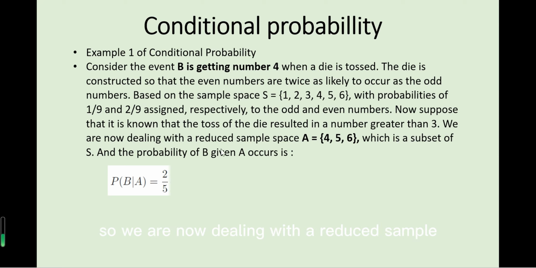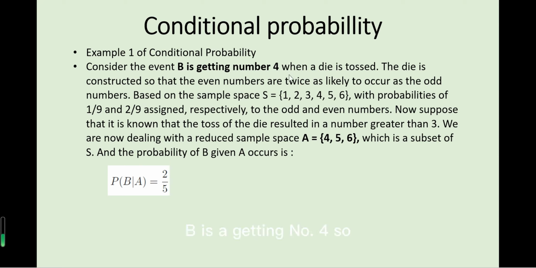So we are now dealing with a reduced sample, A = {4, 5, 6}. This is called a reduced sample because we only consider the condition that A occurred. It is a subset of the total sample space S. So the probability of B given A is 2/5, right?